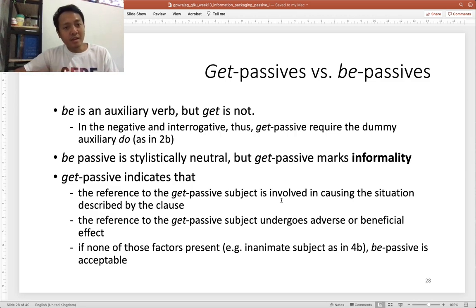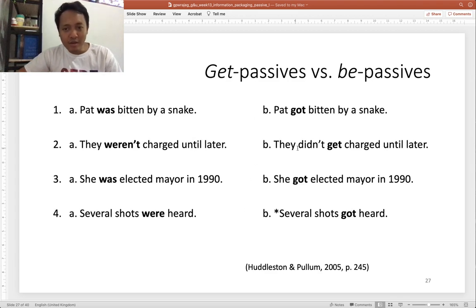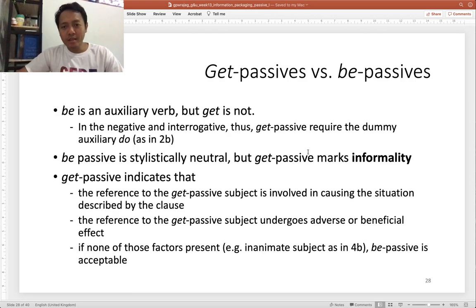In that case, because get is still a lexical verb, not an auxiliary verb, in negative and interrogative sentences the get passive requires the dummy auxiliary do. If you see here, they did not get charged until later. So the negative version of get should take the dummy auxiliary do. All right, and then be is stylistically neutral according to the book, but the get passive marks informality.